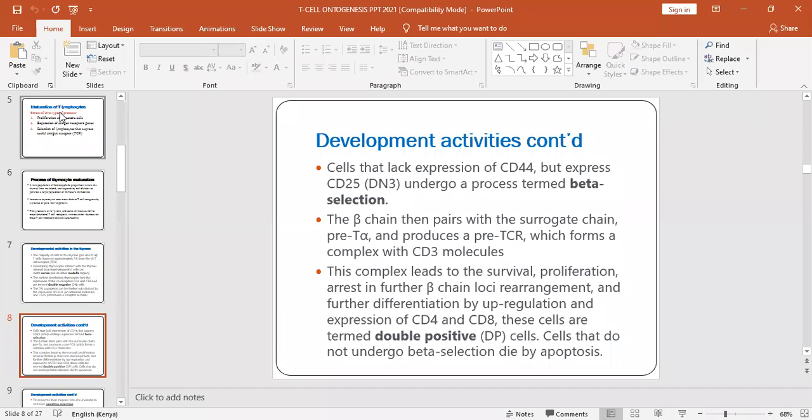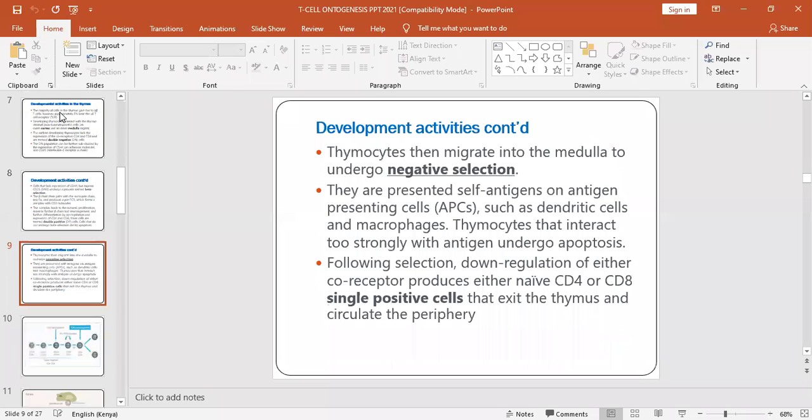So at one stage, these cells will acquire both co-receptors, the CD4 and the CD8, and in that way they will be double positive. So from the double negative, the cell develops into a double positive. And from double positive, you will see later that these cells will develop into single positive.